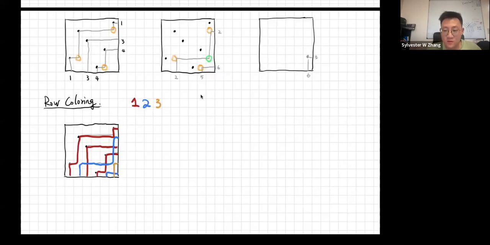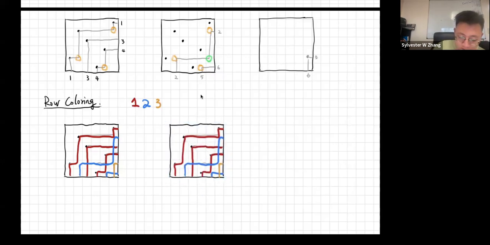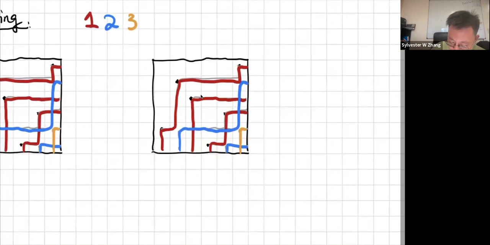And by the way, this is Dilworth's theorem. Also, you can place a partition at every vertex of this grid in the following way. So for example, I want to put a partition here. And then what I'm going to do is look at this subdiagram.